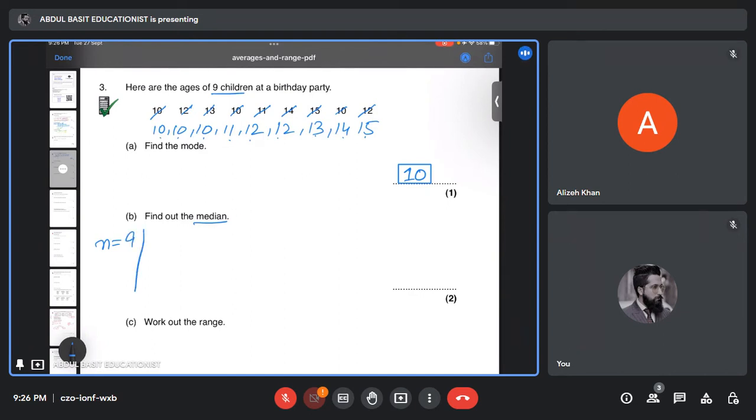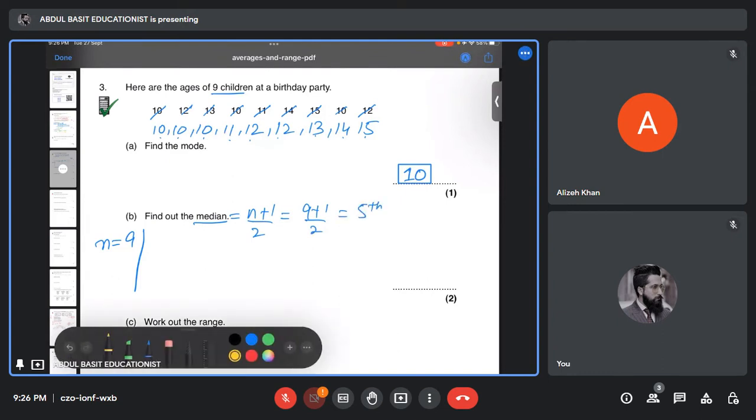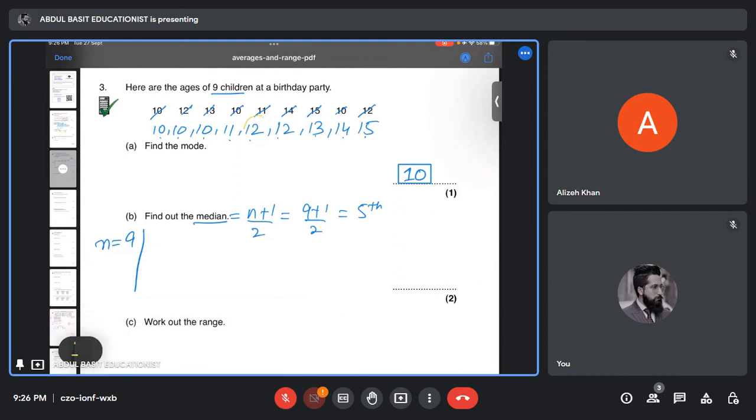Median is equal to n plus 1 divided by 2, which is 9 plus 1 divided by 2, equal to the fifth number. Let's count: 1, 2, 3, 4, 5. You can see from the other side as well: 1, 2, 3, 4, 5. So this is the fifth, and this is 12. So the median is 12.